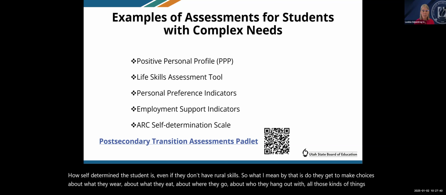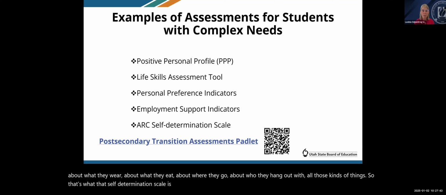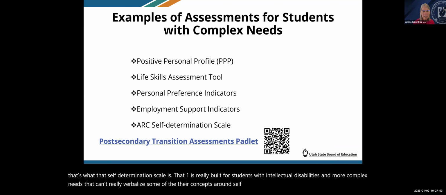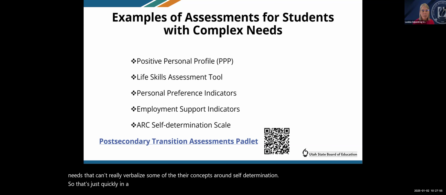So that's what that self-determination scale is. That one is really built for students with intellectual disabilities and more complex needs that can't really verbalize some of their concepts around self-determination. So that's just quickly, in a nutshell, some specific assessments I think that are more appropriate for students with complex needs.